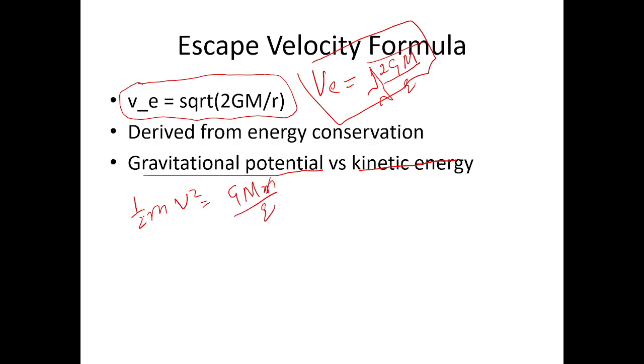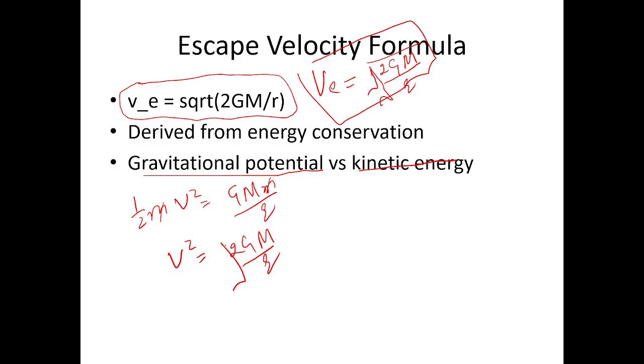So these two m's will cancel out, and we get v square is equal to 2G capital M over r.